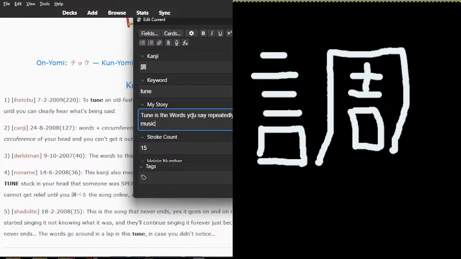A tune is a thing that involves words that you say over and over. Like a chorus, you're just repeating the same thing. A lap is you're repeating the same driving. Something like that. In your brain, you're like, tune is words, lap. That's all you really need. This sentence is just a way to ground it.